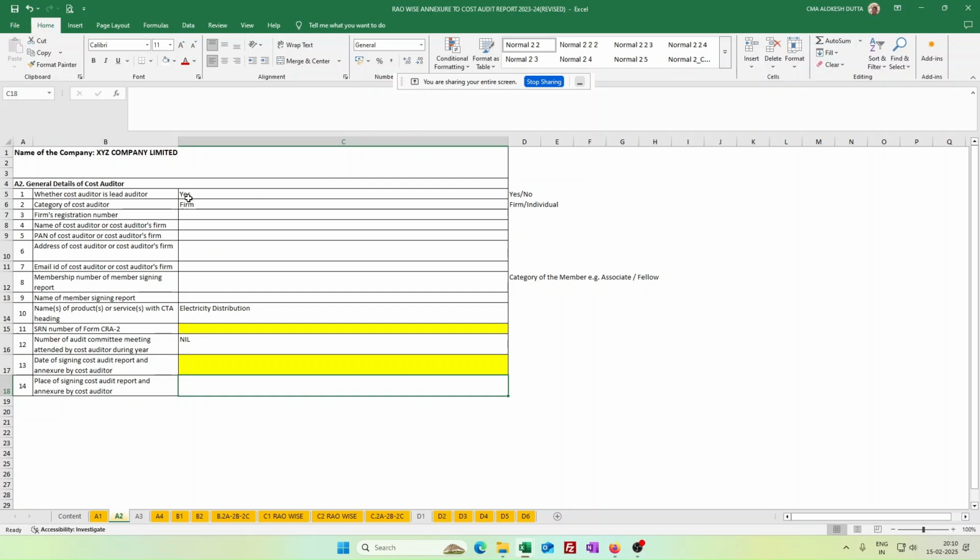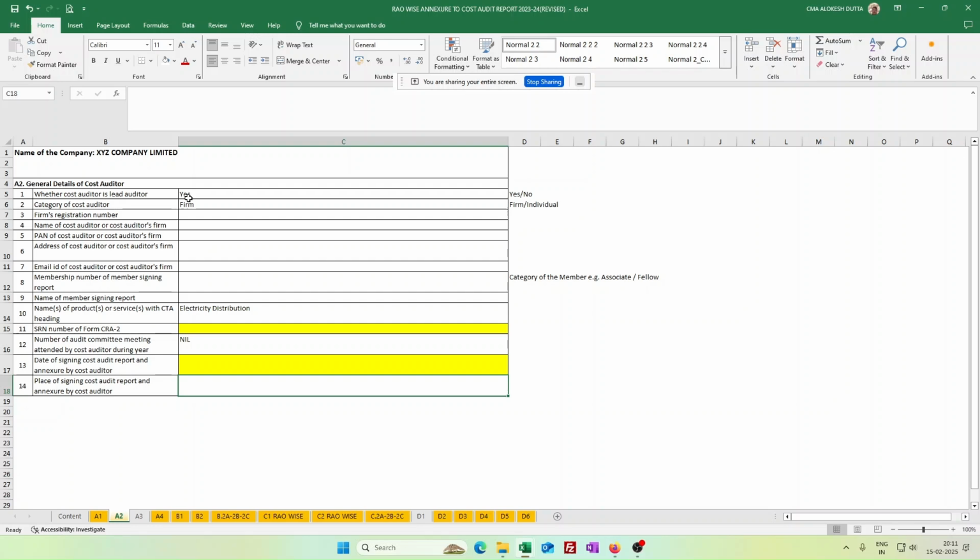Where the company is divided into different branches, they may appoint cost auditor for each branch, and finally they appoint a lead cost auditor who is sitting in the headquarters and consolidates the branch auditors' reports, and finally puts it up to the board, and that report is to be filed by the company under CRA for company as a whole.